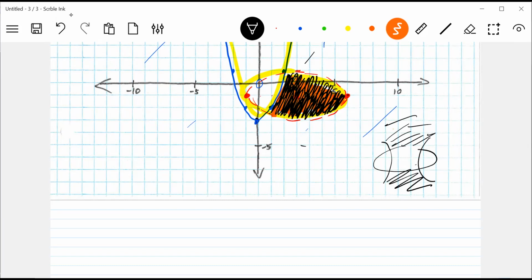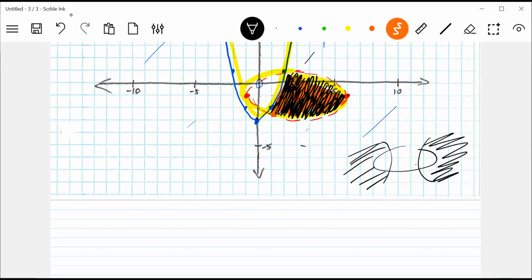So that would be where they match. Or it could be the outside of the ellipse, but the inside of the hyperbola like this. I don't know whether you call it the inside or the outside, but it could be like that too. So it just depends on the greater than or equal signs and then where they're shaded.